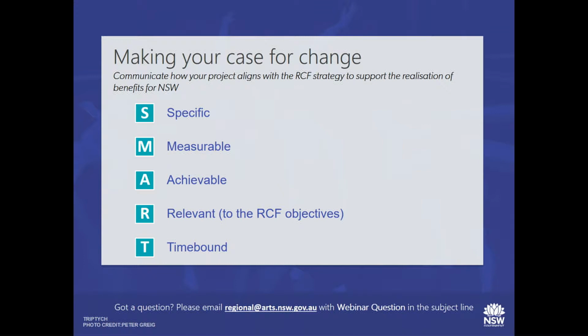Another example, more of a soft criterion, might be measuring the perception of community satisfaction. This might be measured through something like a survey or questionnaire. Achievable means be realistic. The assessors will be looking for realistic objectives.